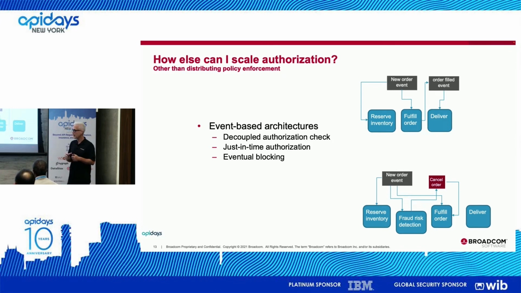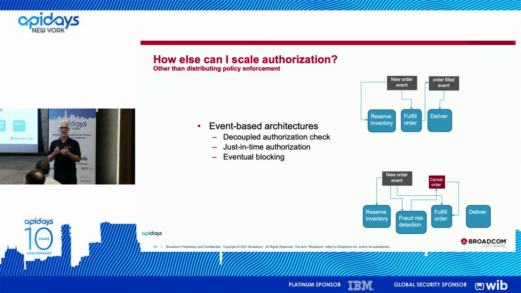That's a really common pattern. So imagine now you introduce a new service, a fraud risk detection service that also subscribes to these new order events, right? You're not affecting the scaling there because you are doing just-in-time authorization. As long as you complete your fraud risk detection before the fulfill event is complete, the order gets canceled in time.